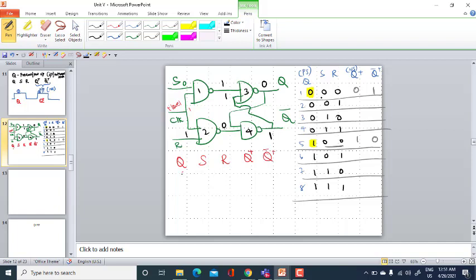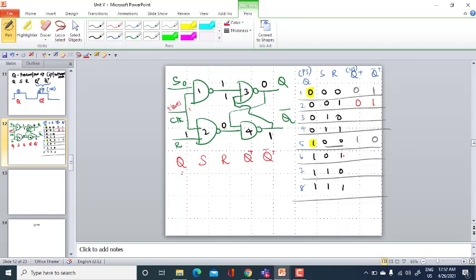So your output is completely independent of the present state. So what is this combination of output we have? 0 and 1.